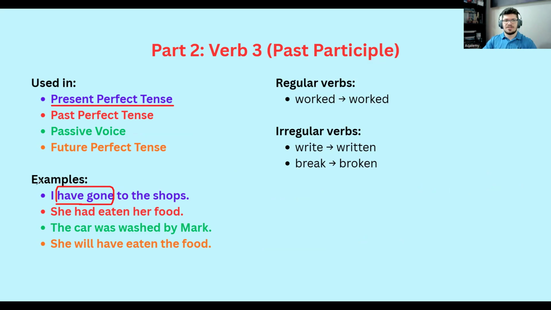A little bit difficult, I know, but with practice, you will understand. Past perfect, this one is a problem. Think of past perfect as 2 actions in the past. One happened first and then another one.